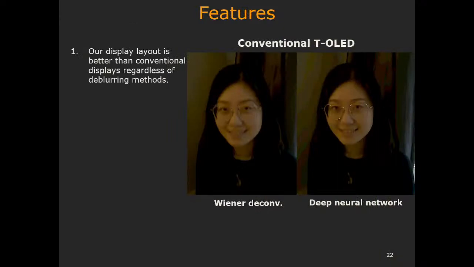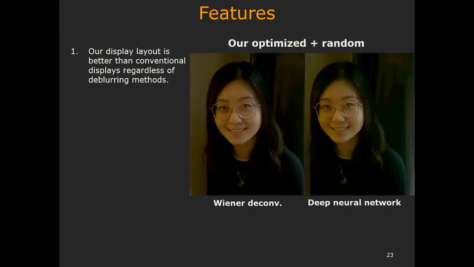Next, I will talk about several features of under-panel cameras in our design. First, our display layout is better than conventional displays, regardless of deblurring methods. These two images are captured under TOLED display and deblurred using Wiener deconvolution and DeepNet respectively. DeepNet improves the image quality by introducing more details and less noise, but it also produces unexpected artifacts in the wall.